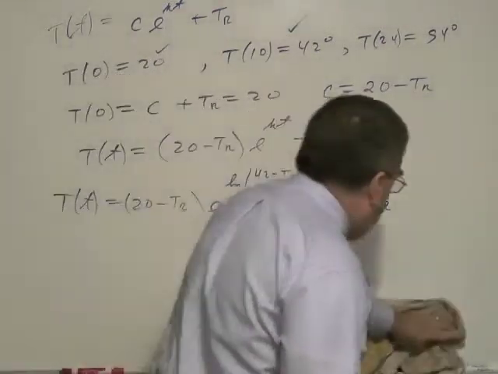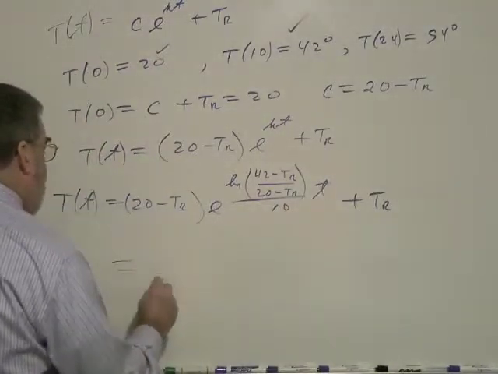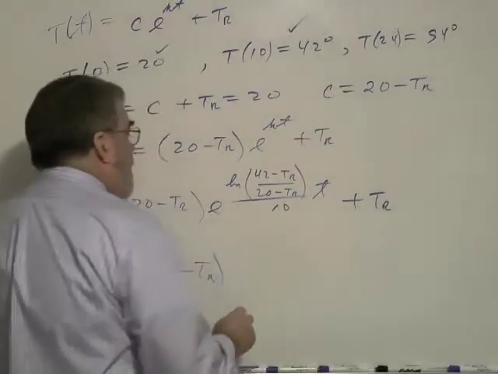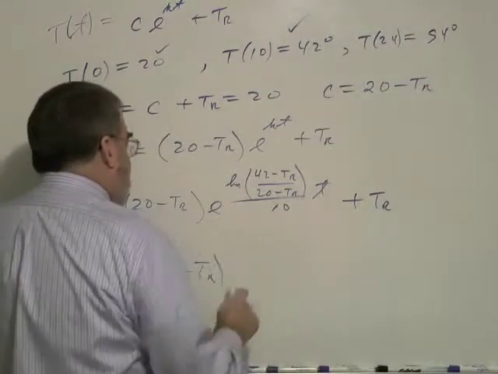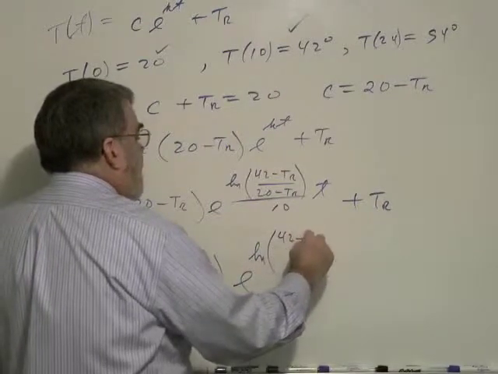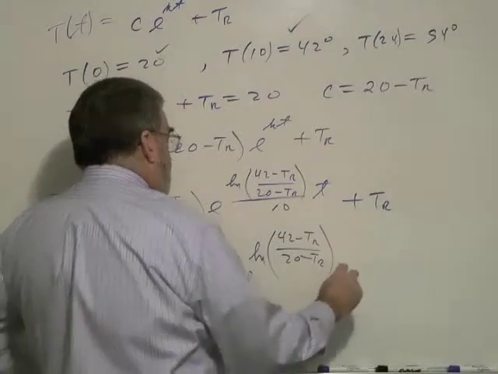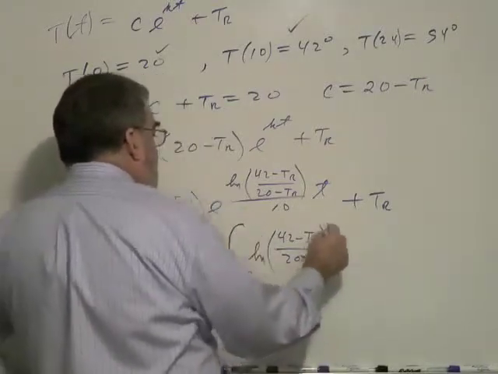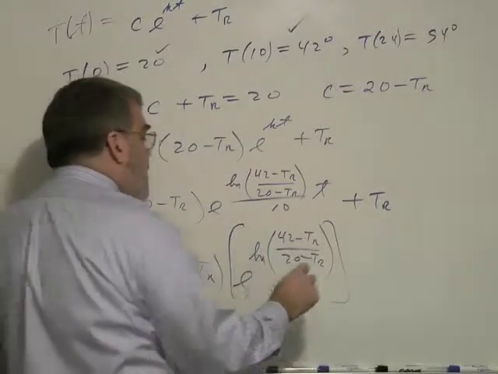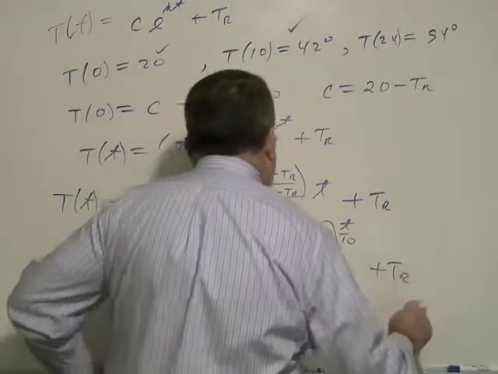We should take advantage of this e to the natural log. If I rewrite this as (20 minus Tr) and factor out the t over 10, I have e to the natural log of (42 minus Tr over 20 minus Tr) times t over 10, which means this is to the t over 10 power, plus Tr.